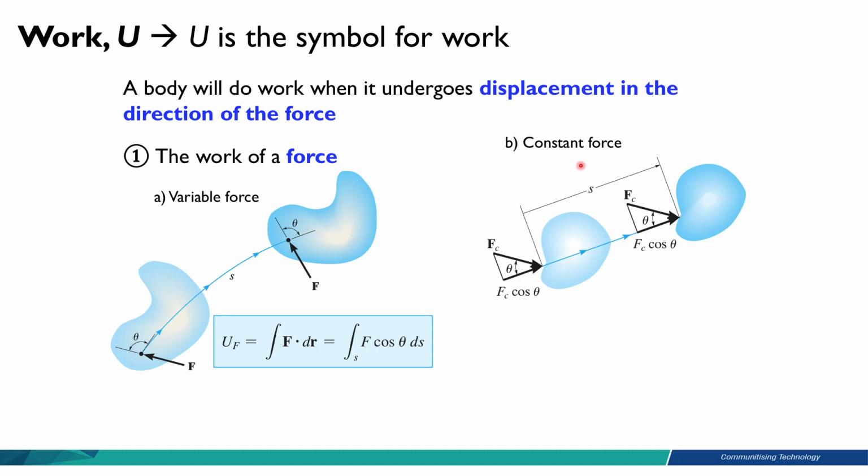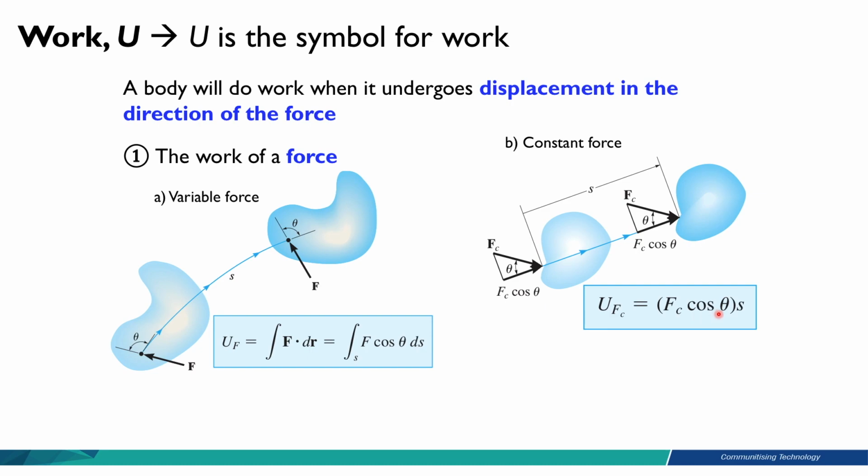If we have a constant force that acts at an angle to the displacement of the body, then the work done by the force UF is now equal to F cos theta, because we have to calculate the component of the force in the direction of motion, in the direction of the displacement.